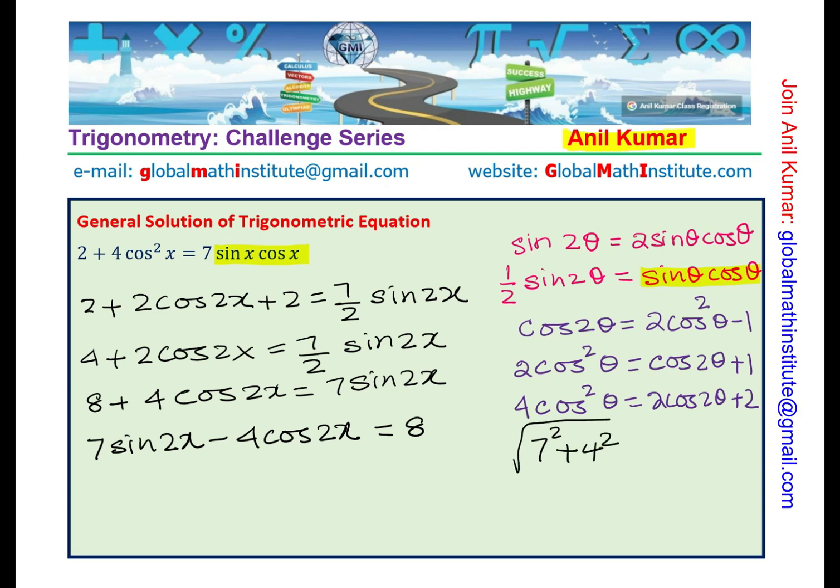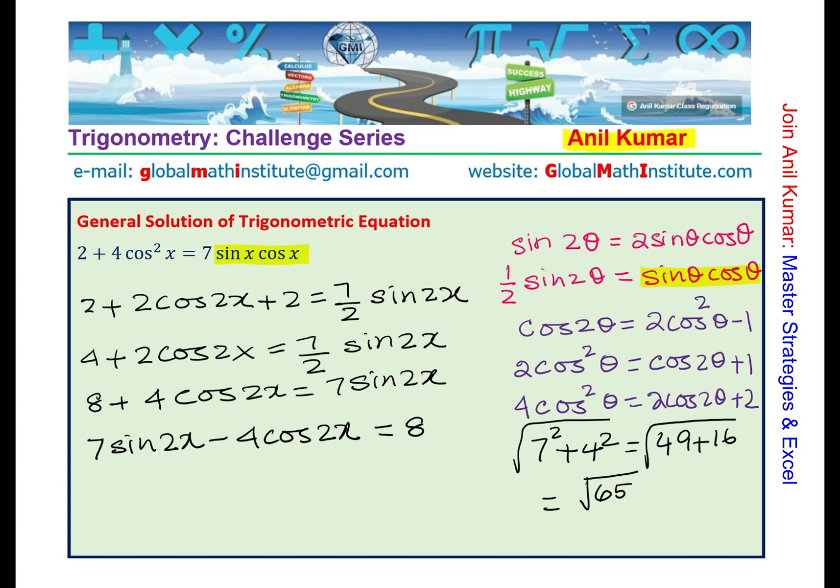The square root of 49 plus 16, which is equal to square root of 65. So we are going to divide every term by square root 65.